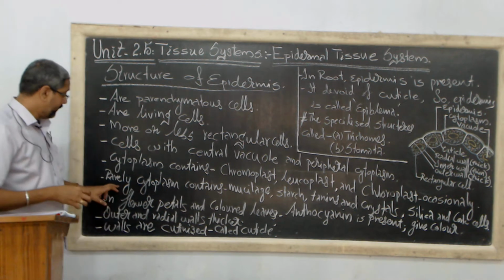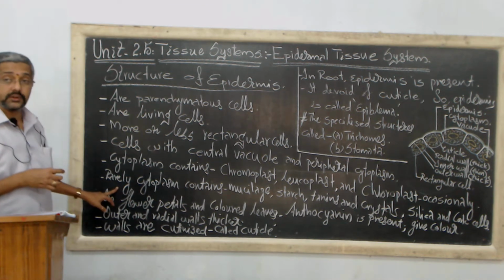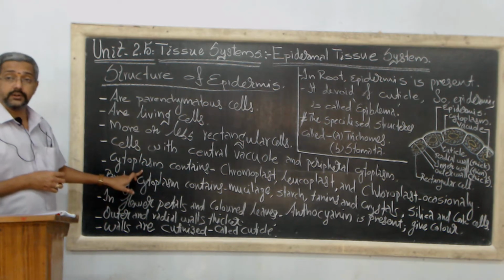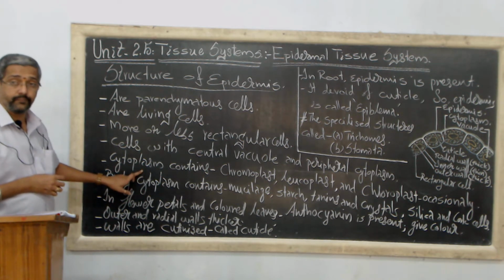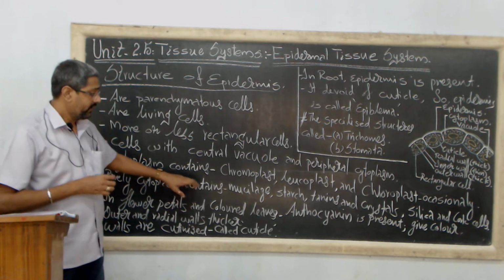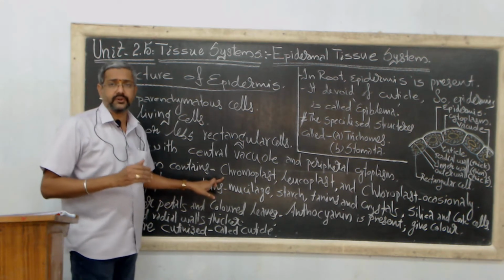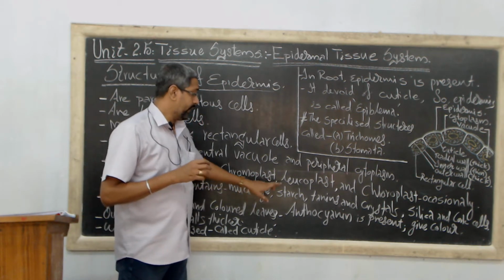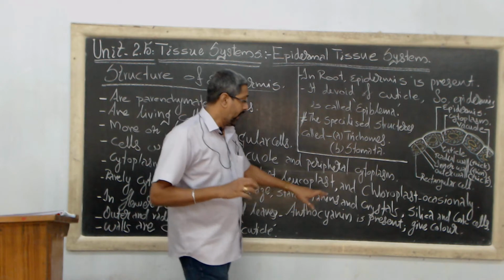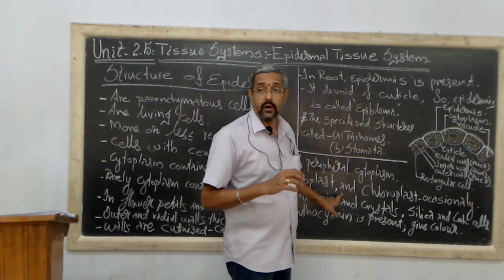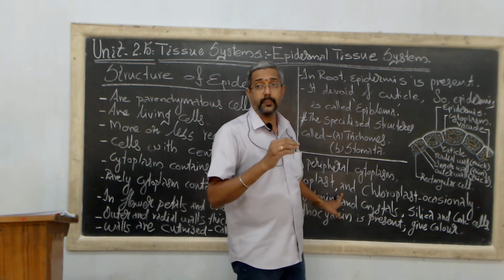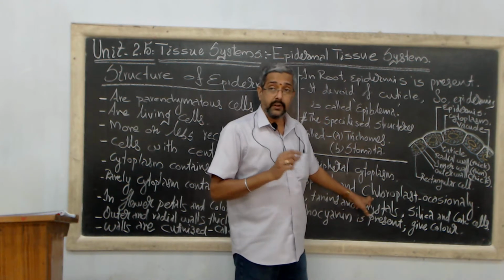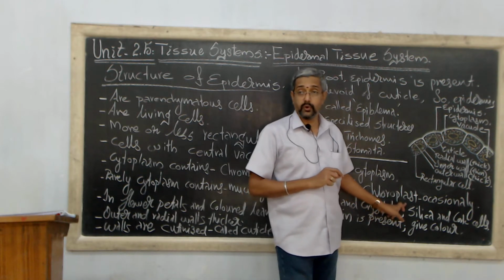The epidermal cells show cytoplasm that contains different types of substances, such as chromoplast and leucoplast, and in some species the epidermal cells contain chloroplast.